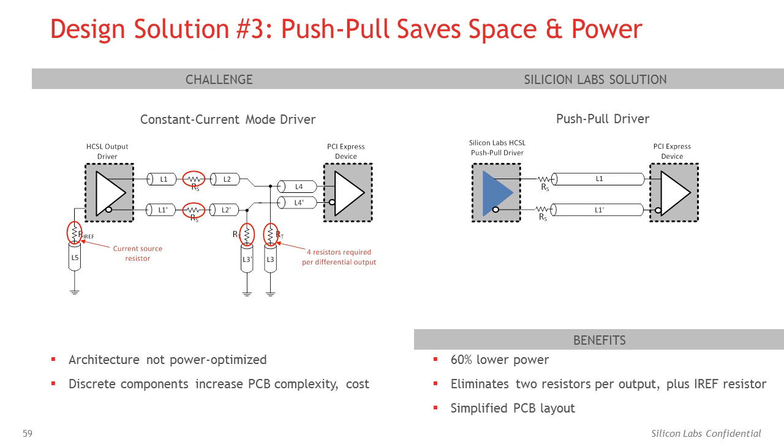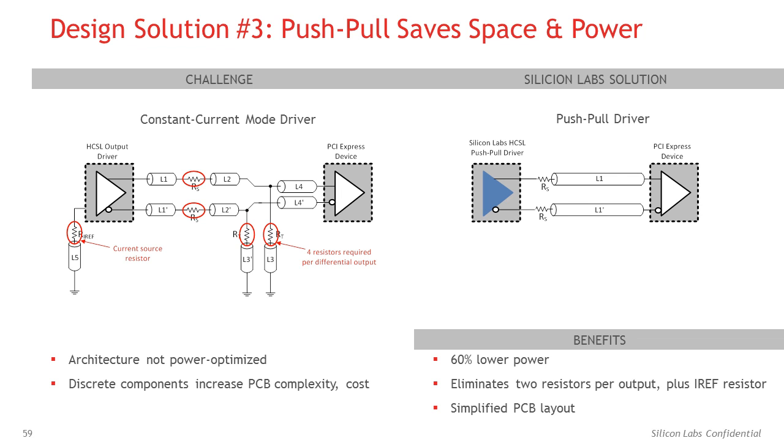Let's go into a little more detail on what we mean by low-power push-pull technology for PCI Express clocks, because it presents a lot of advantages over typical solutions available in the market. Most devices today use a legacy architecture called constant current mode output buffers, which does exactly what it says, consuming a constant 15 milliamps of power consumption per output.